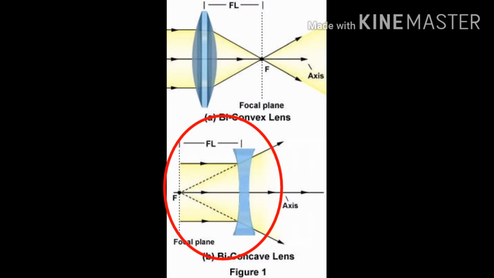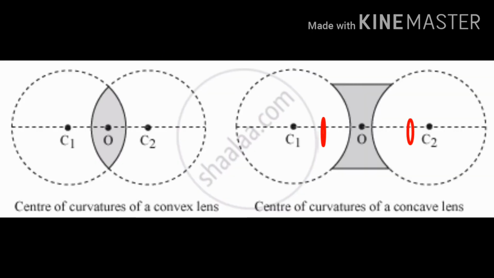The rays falling parallel to the principal axis of a concave lens diverge after refraction in such a way that they appear to be coming out of a point on the principal axis. This point is called the principal focus of the concave lens. F1 and F2 are the principal foci of a concave lens.